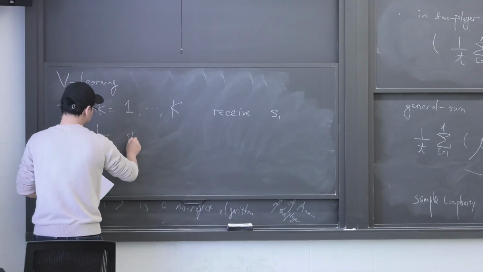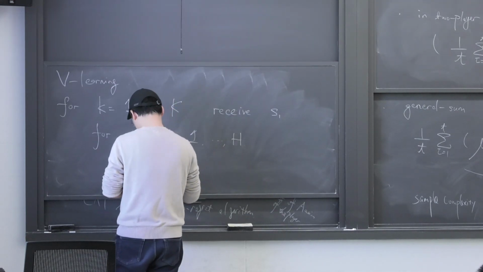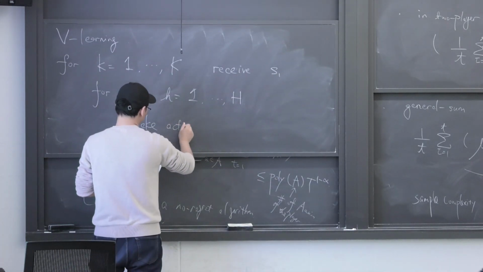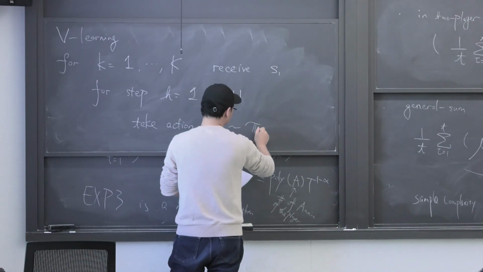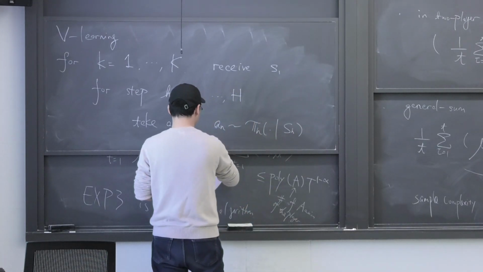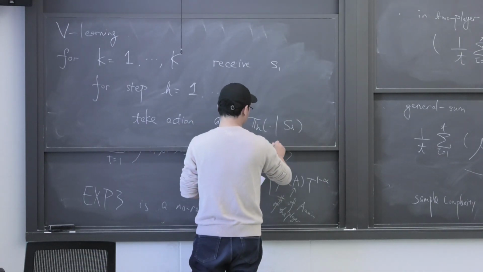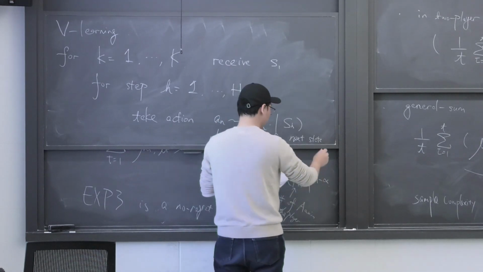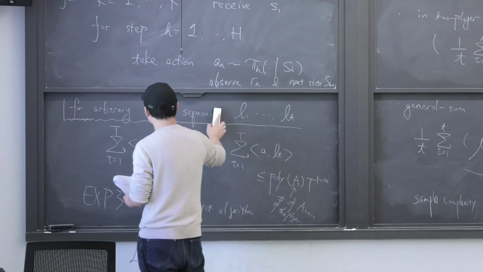For step h equal to 1 to capital H, we do the following: we take action ah, according to some policy we will compute later, and observe reward rh and the next state sh+1. So the first step is very straightforward. We just take action and receive some samples.